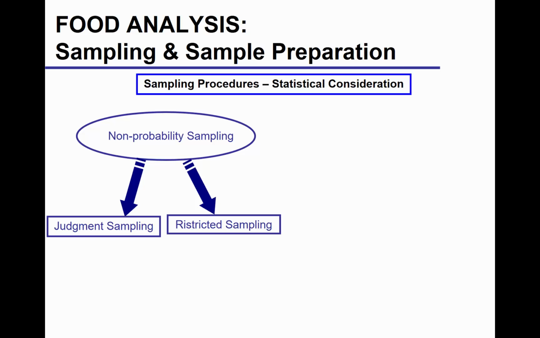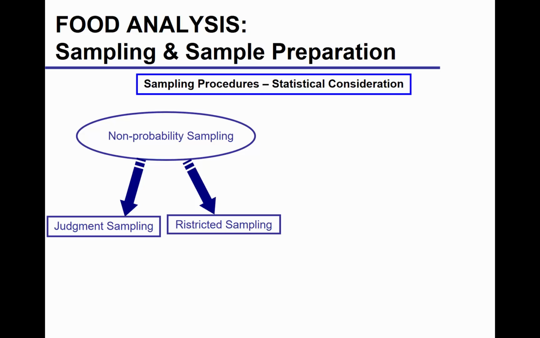Restricted sampling, that means, let's say you have a truck load with many boxes, so you cannot reach the box that is way inside the truck and at the bottom. So you are really restricted, so you're going to grab whatever you are able to reach for the testing. So that's restricted sampling.